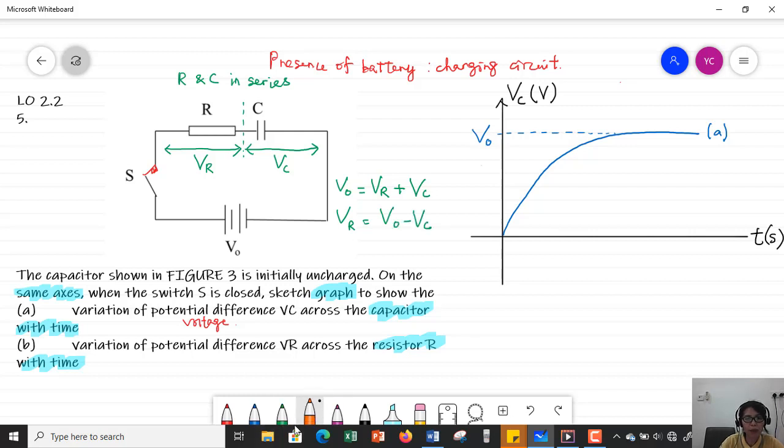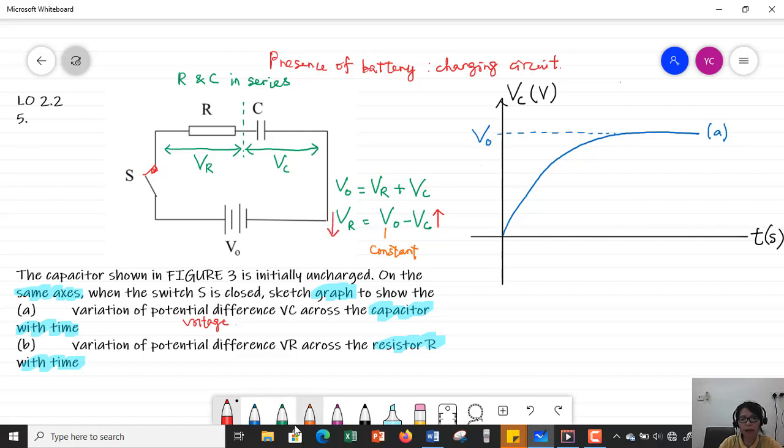So in this situation, the voltage of the battery is constant. Okay, the voltage of the battery is constant. During the charging process, we know that our voltage across the capacitor will increase exponentially with time. So if the voltage across the battery is constant, how do we get VR? V0 minus Vc. So when Vc increases, the voltage across the resistor will decrease.